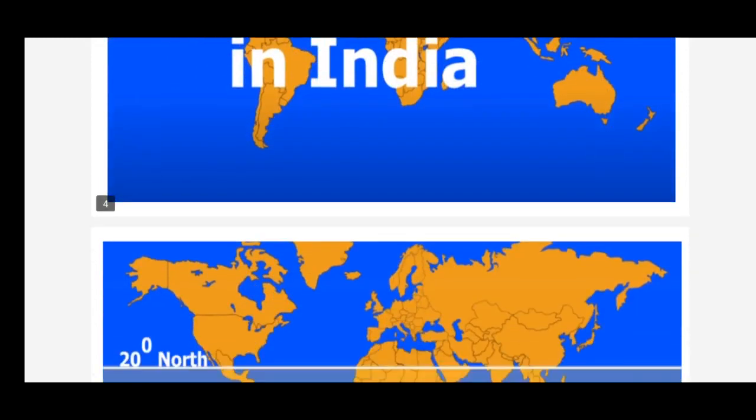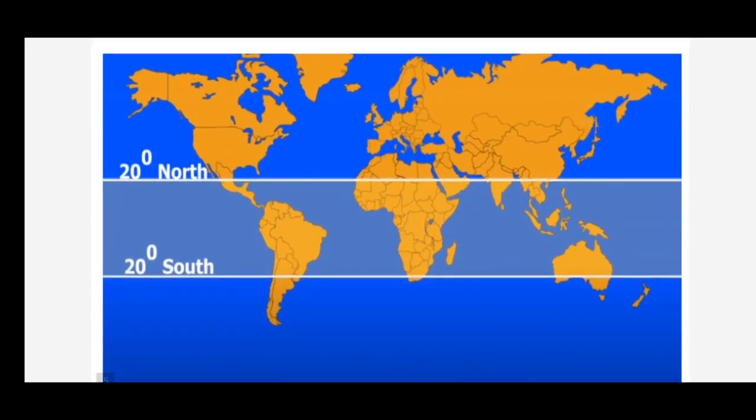Well, the monsoons are experienced in the tropical regions, roughly between 20 degrees north and 20 degrees south.